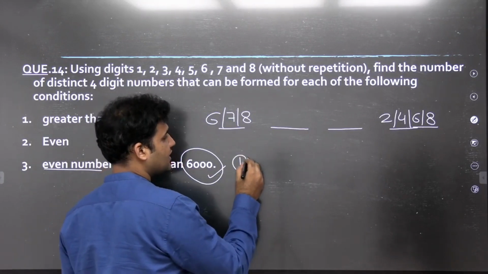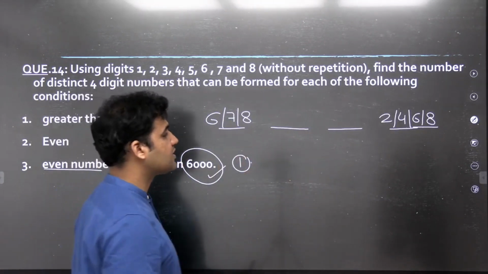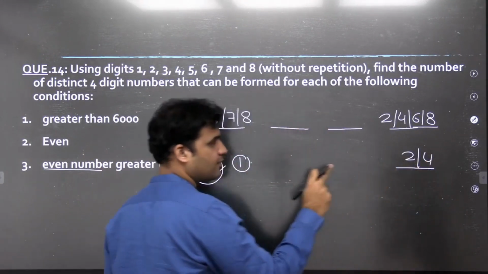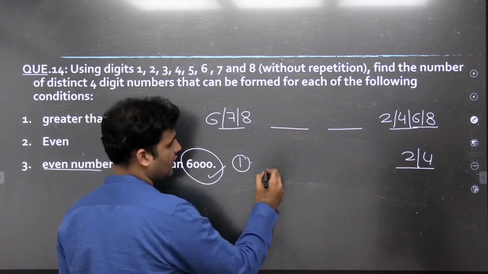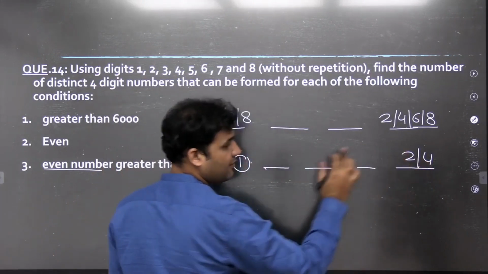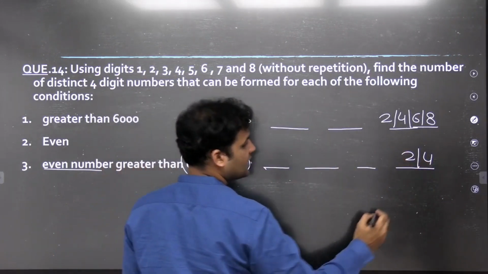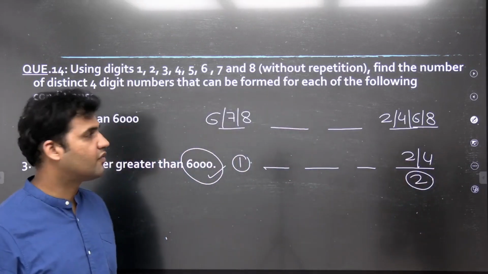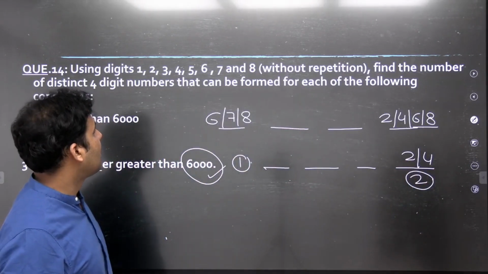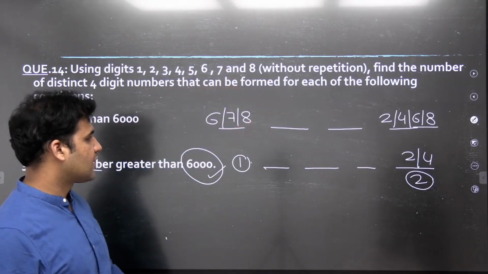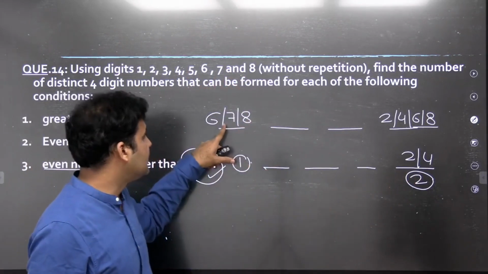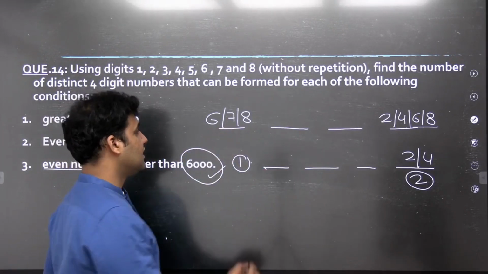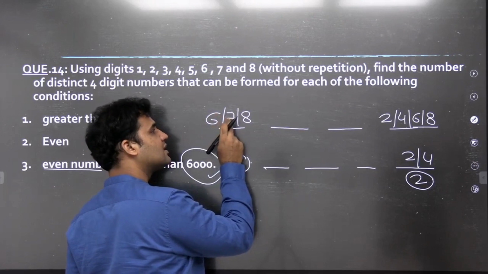First, take the case when no digit is common. That means if I am placing 2 or 4 over here, let's not place 6 and 8 at the unit position. If I am placing 2 or 4 at the unit position, that means this place can be filled in 2 ways. The unit position can be filled in 2 ways. Now, out of the 8 digits, 2 positions are over here, and this place, we know that if I have to make the number more than 6,000, can have only the digits 6, 7 or 8.